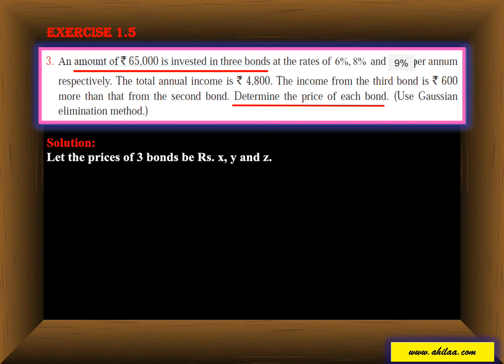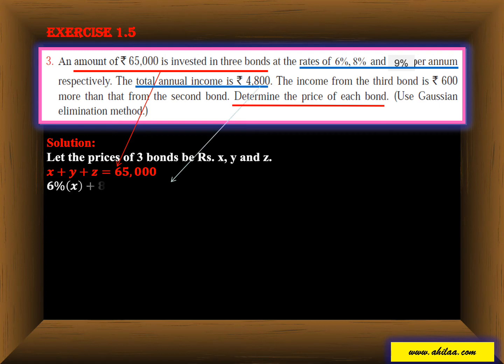Now it is given the total investment amount is rupees 65,000. So I get the equation as X plus Y plus Z equal to 65,000. Next it is given the rates of the bonds, that is 6%, 8% and 9% per annum, to get the annual income as rupees 4,800. From this I make the equation as 6% of X plus 8% of Y plus 9% of Z equal to 4,800.